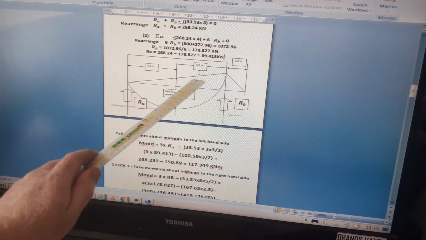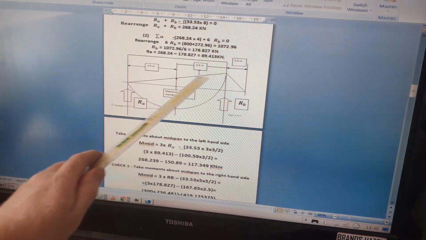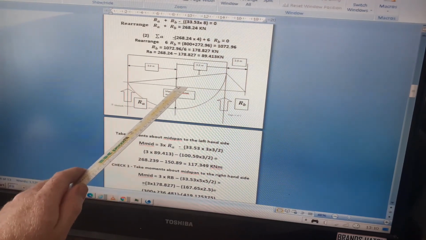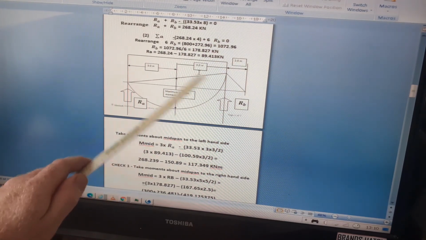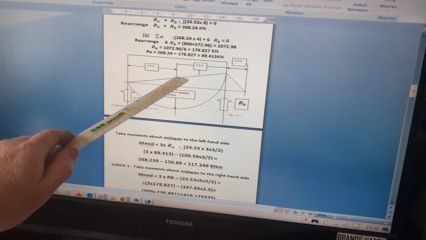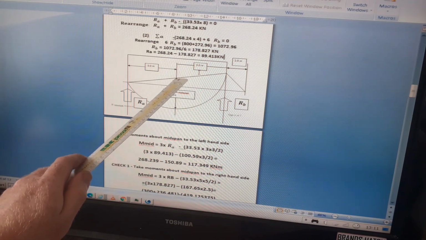So the projected moment from the support is 30, which means it would be tension on the top. If there was no UDL in the span, then we just have 30 at the top.